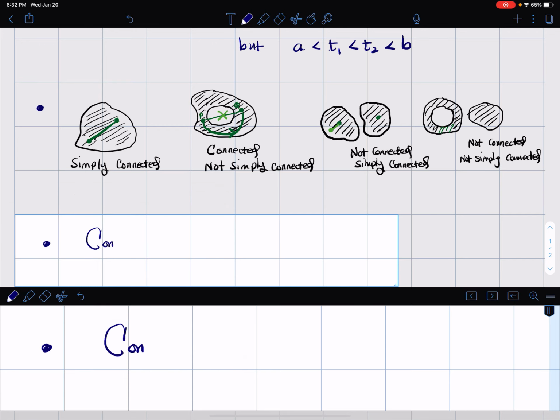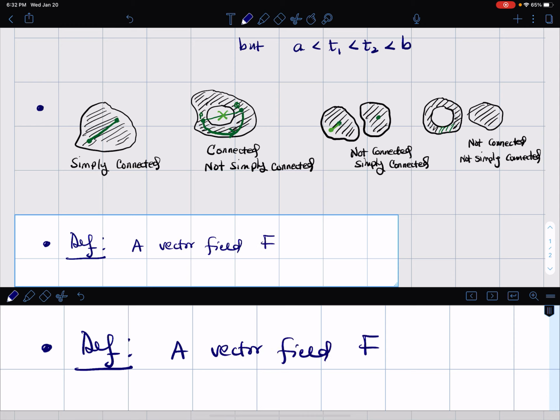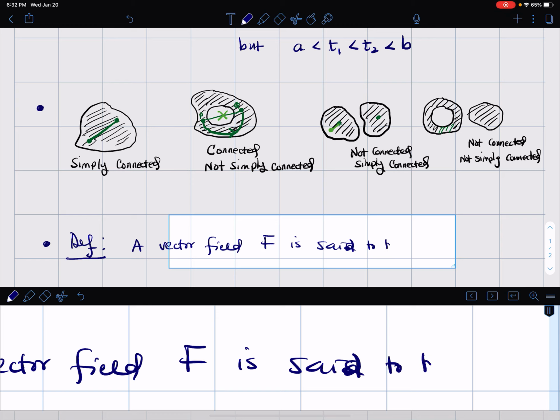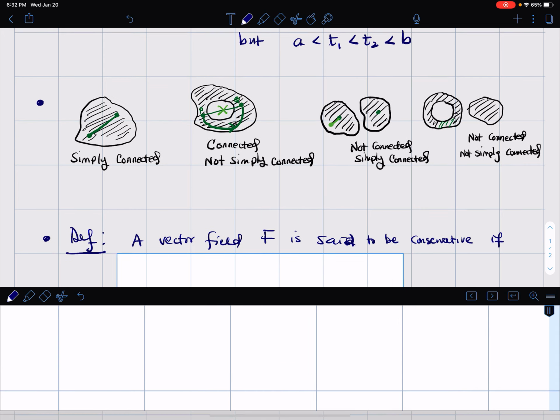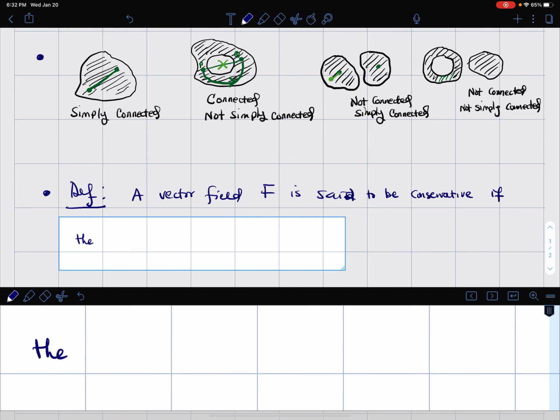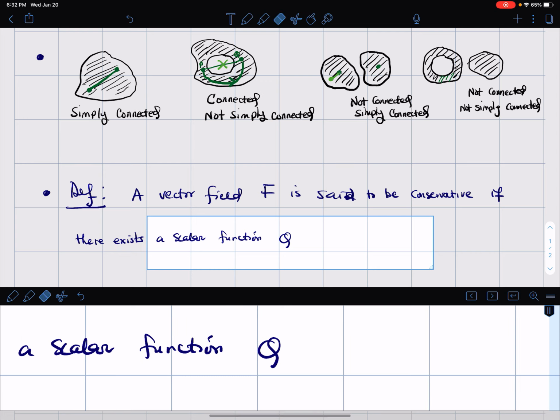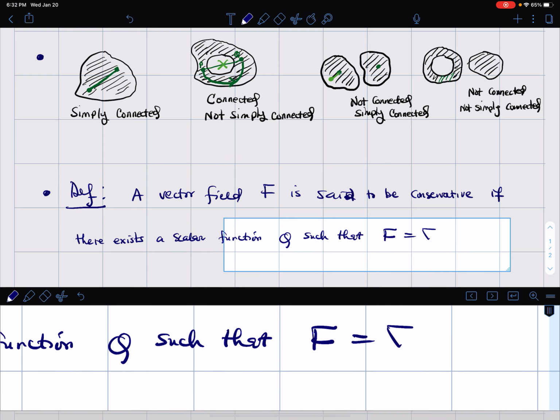Now, let's look at a conservative vector field. So a vector field F is said to be conservative if there exists a scalar function phi such that F is the gradient of phi.